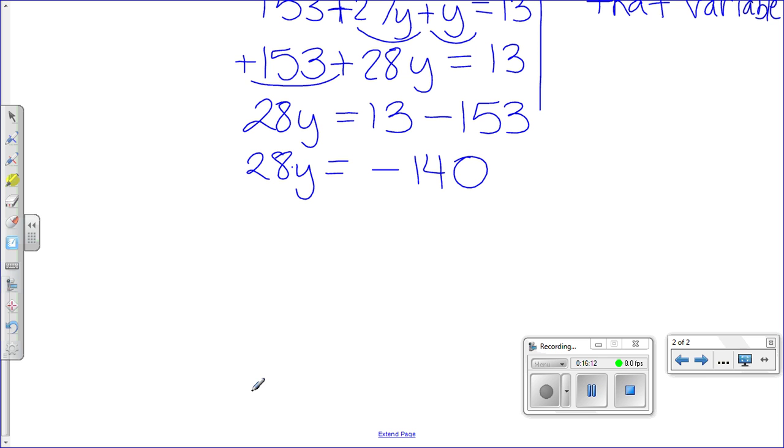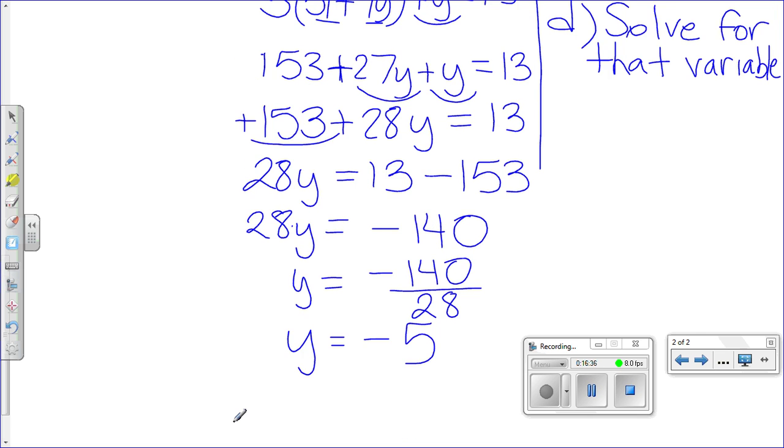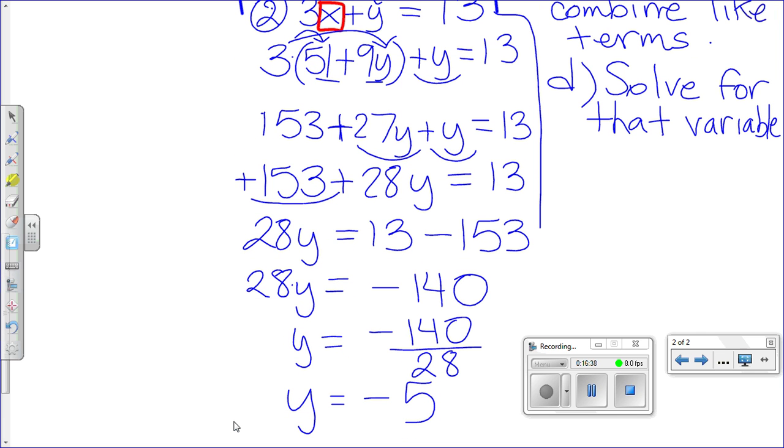But it's multiplied, so we divide. So negative 140 divided by 28. And so we know that is going to be negative 5. Negative 5? Yeah. Thank you. Negative 5. Cool. All right, so now from there, let's move on to the next step.